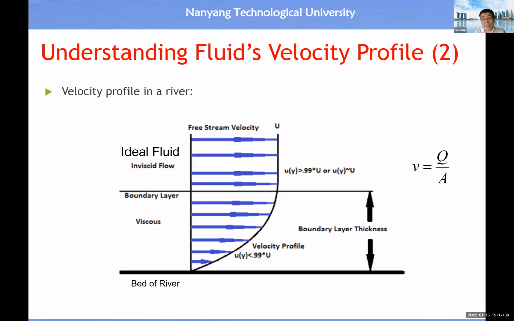So more or less, you will see this type of velocity profile. When the fluid is closer to the riverbed or seabed, the velocity will reduce due to the higher visco friction. So this is something for you to know.